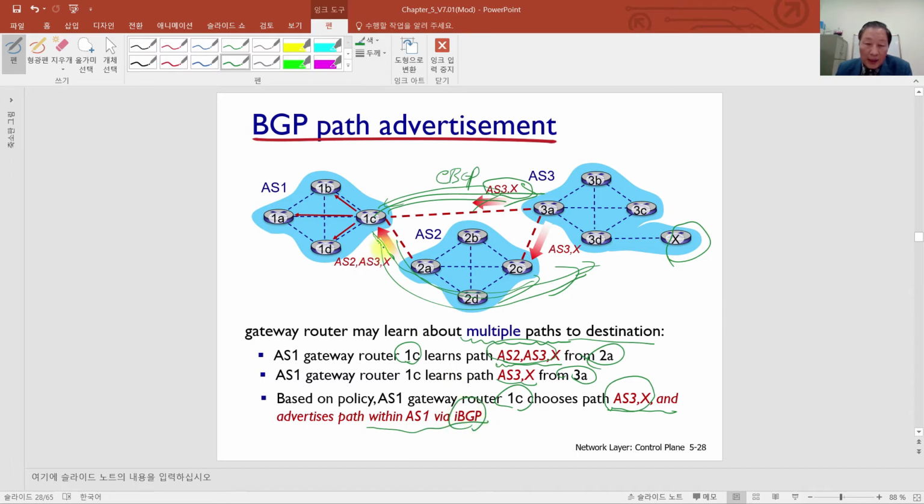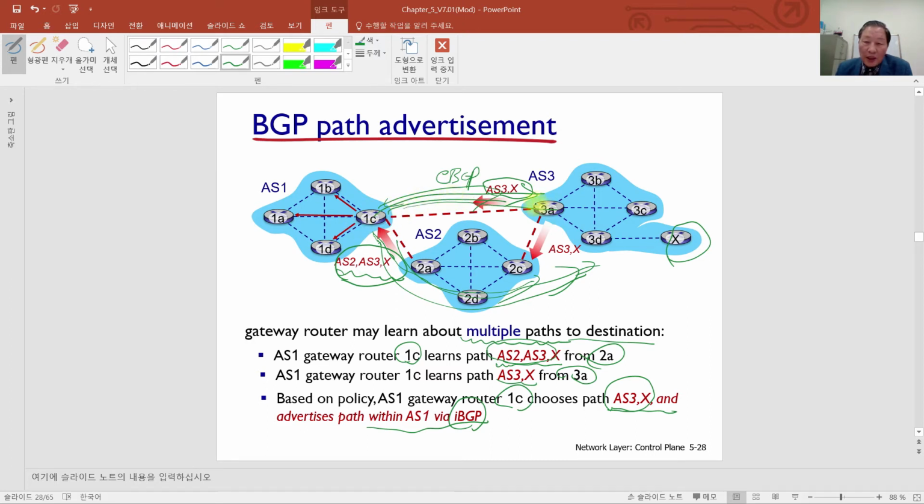Even though there is another reachability information here, that will not be propagated to other internal routers in this autonomous system 1, because this one is deciding.